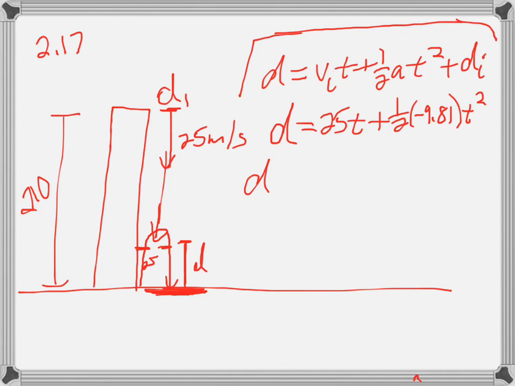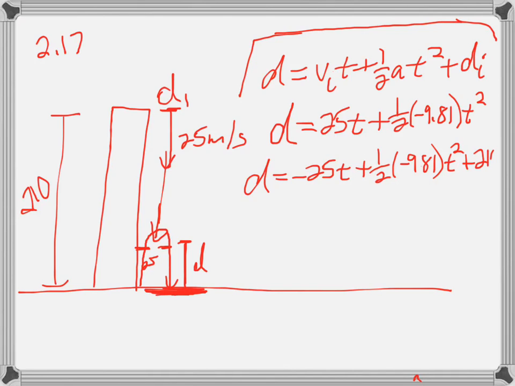So D in this case would be the initial velocity is downward, so it's a negative 25 T plus 1/2 negative 9.81, gravity's still down, T squared, and then we'd have a plus initial displacement from the ground. That'd be 210 meters up.